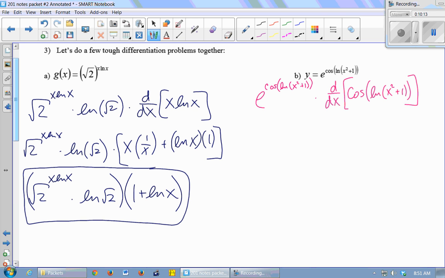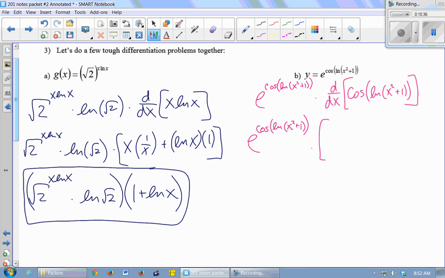So then I move on to another line and I say, okay, copy down what I've already got, e to the cosine of the ln of x squared plus 1 times. Now I work on taking the derivative of the cosine of the ln of x squared plus 1. So the outermost function at this point is cosine. That's the cosine of some stuff.